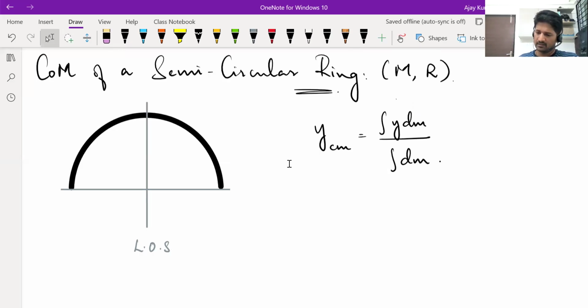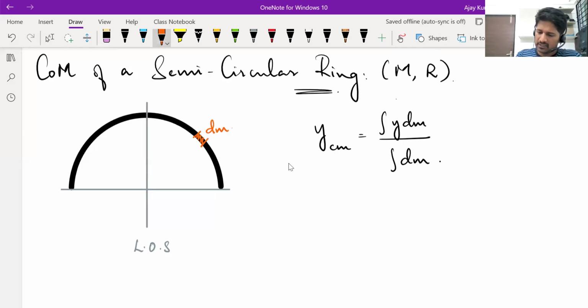Now what we need to do, we have to consider an element and we have to call its mass as dm and its y coordinate as y. Let's try doing it that way. You take an element of this ring like this. Let the mass be dm. That's fine.